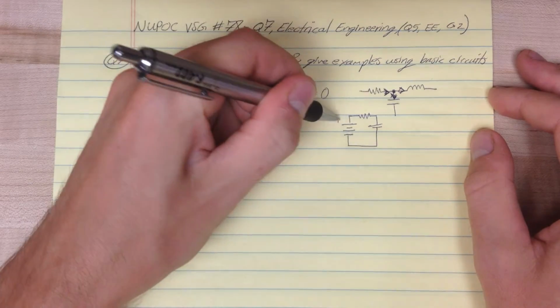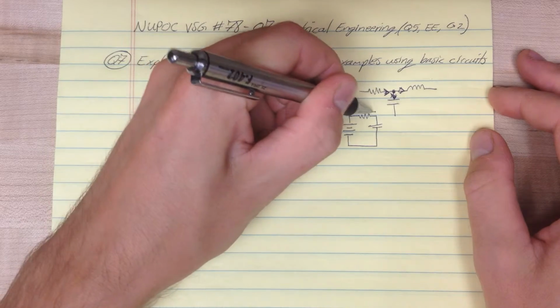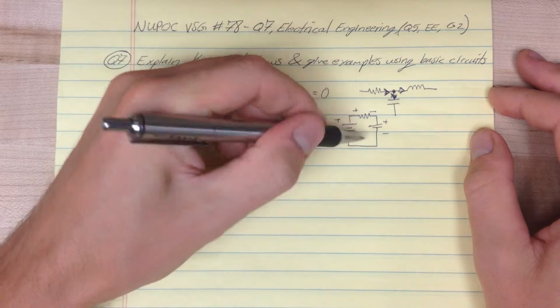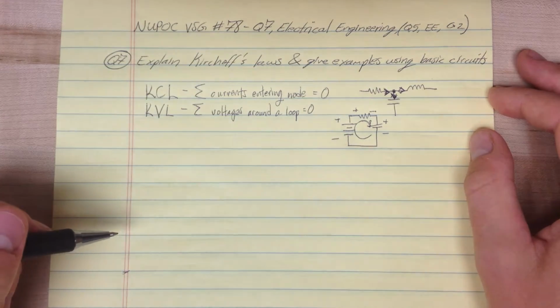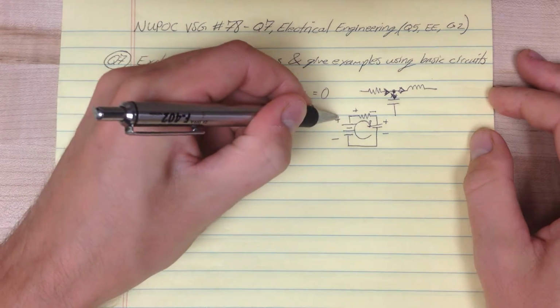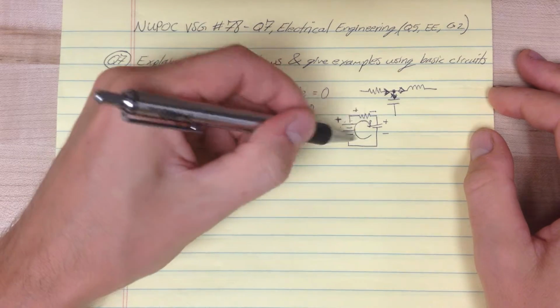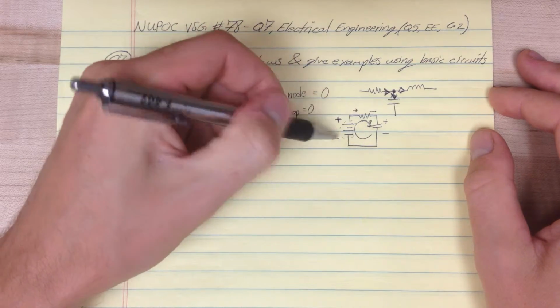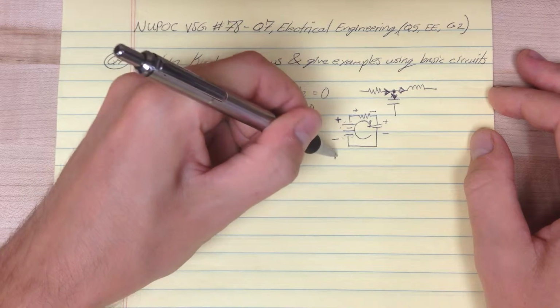I'll have some voltage on this source, and some voltage on this resistor and some voltage on the capacitor, and if I go around this loop and add up all these voltages, it needs to equal 0. So when I pass by a source and go from negative to positive, I add it because it's a voltage rise.